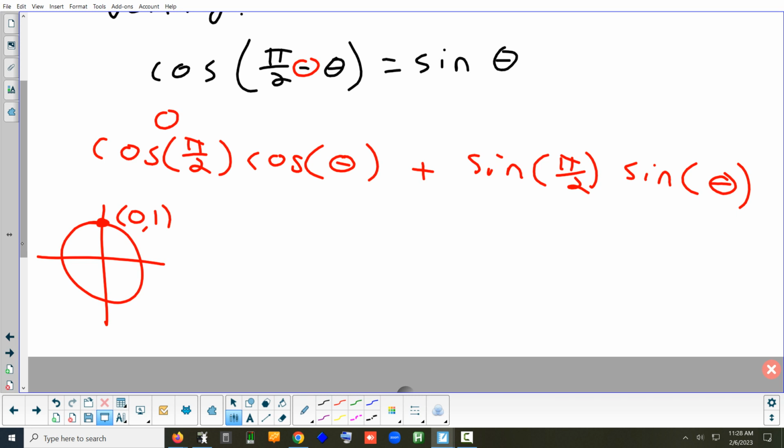And what's 0 times cosine? 0. So this whole thing basically turns into 0 on the left. Now, let's think about sine. Pi over 2 is 90. What part of the coordinate is your sine? Y. And what's the y value at pi over 2? 1. So we end up with 1 times sine.